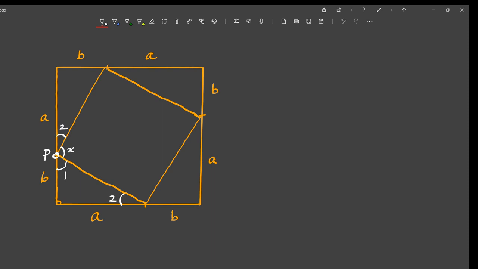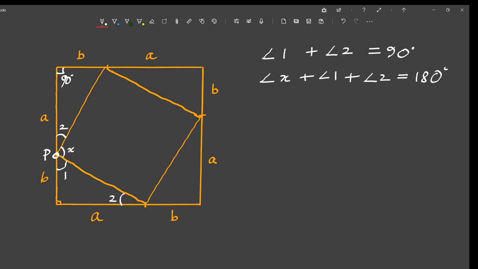So if we look at the angles that are formed around the point P, we have angle 1, which I have marked in the figure. We have angle X, which is the angle formed by the inner quadrilateral, and the angle 2. But angle 2 is common for all the 4 triangles, because the triangles are all identical. So we have angle 1 plus angle 2 equal to 90 degrees.